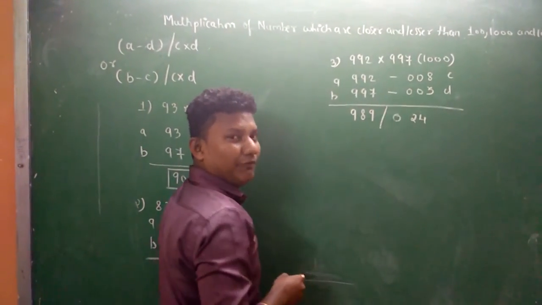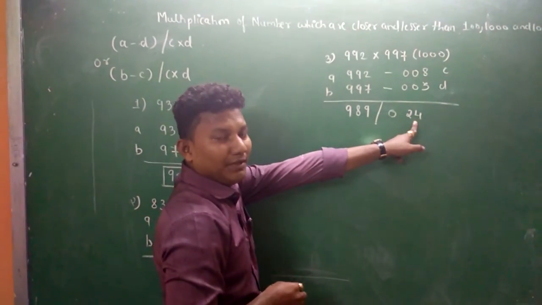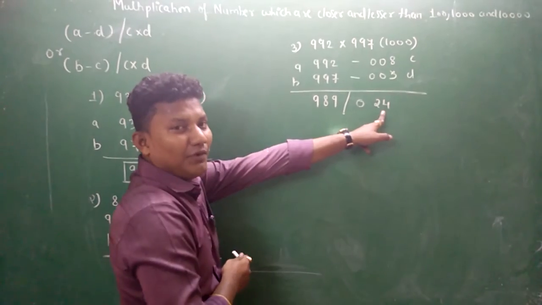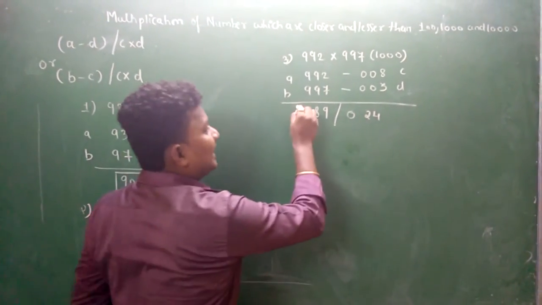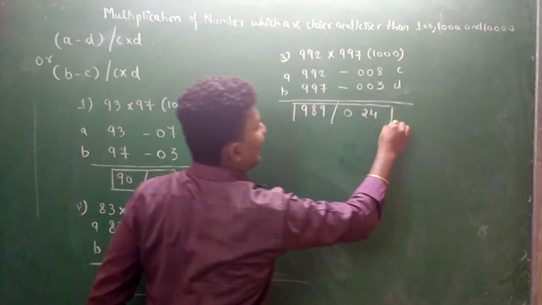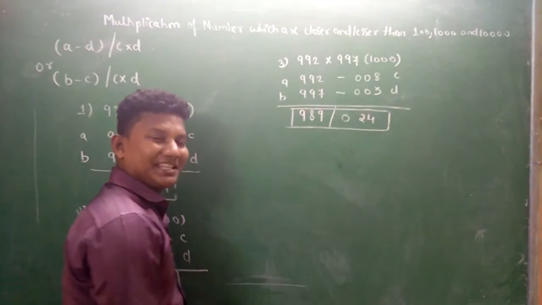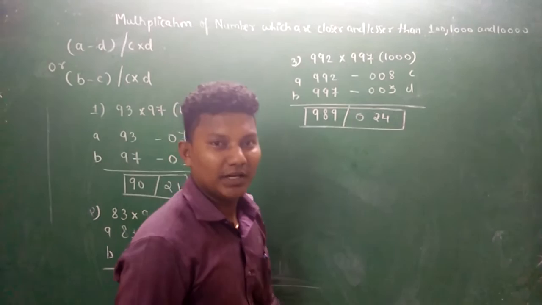When you multiply c into d, its product also should be in 3-digit form. So we got the answer, that is 989024.